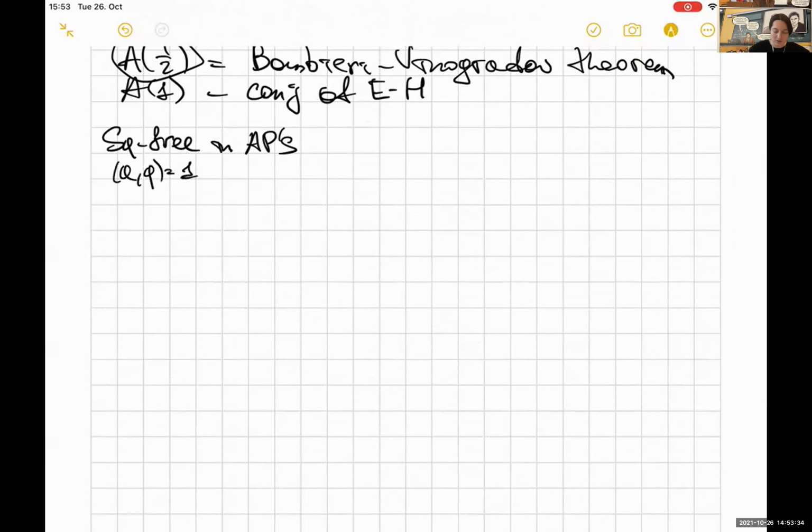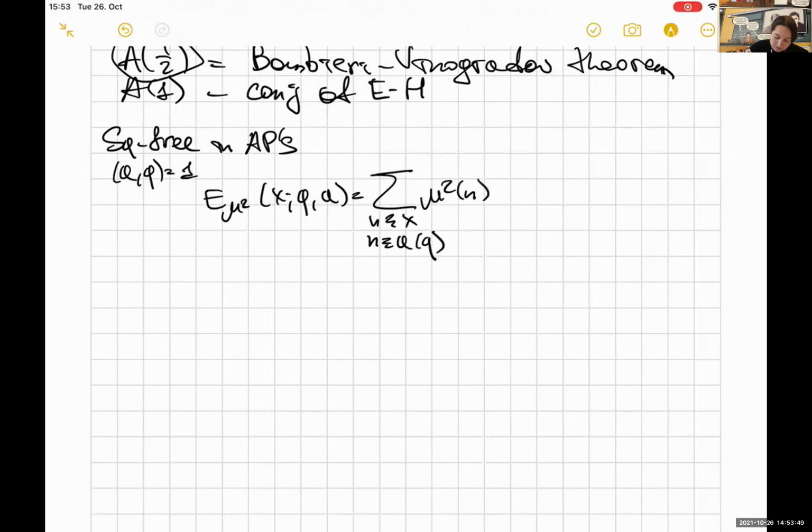Then I will denote this as E mu squared, the error term, of x, q, a. So the individual one is just the sum over n up to x, n equal to a mod q, of mu squared of n, the characteristic function, minus 1 over q times the sum over n up to x of mu squared of n.